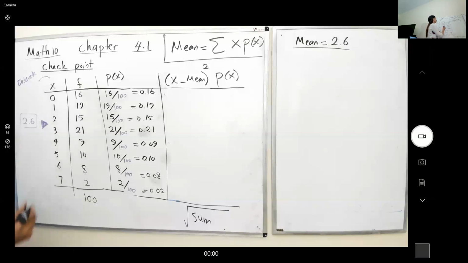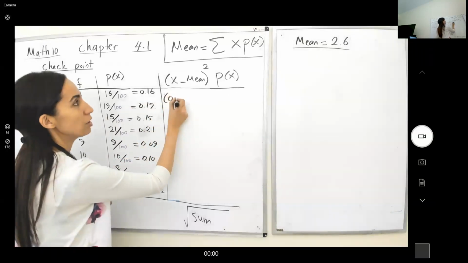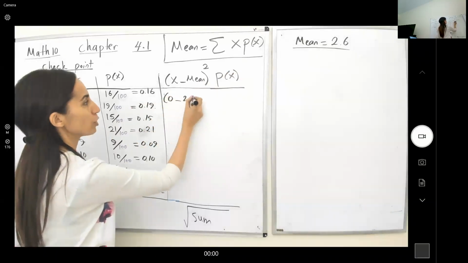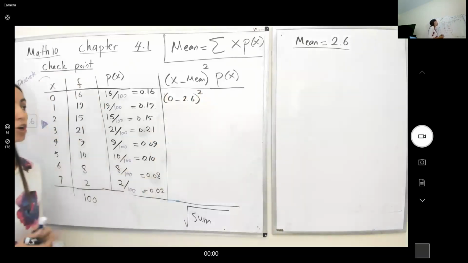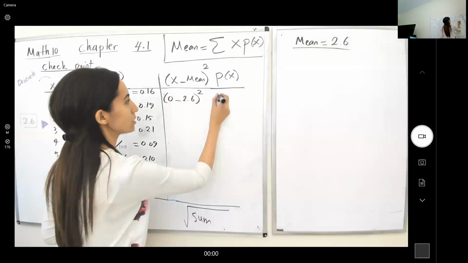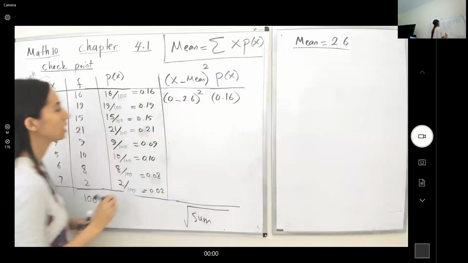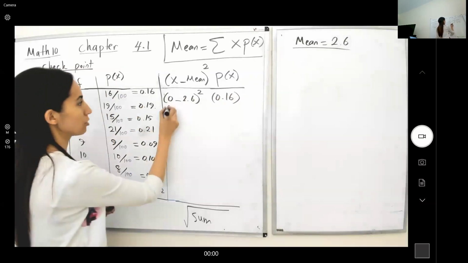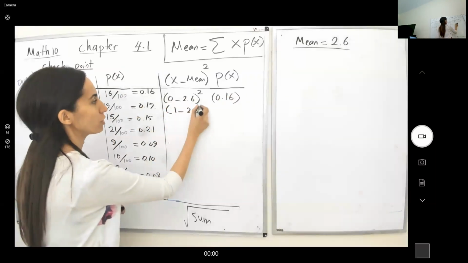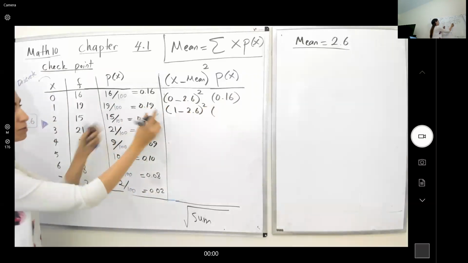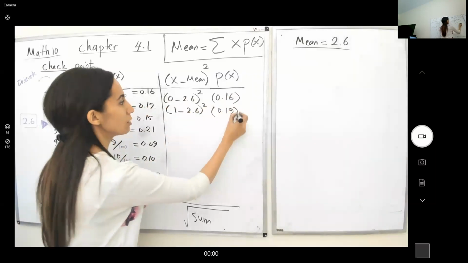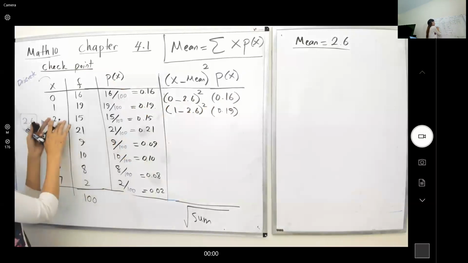We have work to do. The first x is 0. So I have 0 minus the mean, which is 2.6, raised to 2, times p of x, 0.16. The second x is 1. So now I have 1 minus 2.6 squared times its p, which is 0.19. The third x is 2.